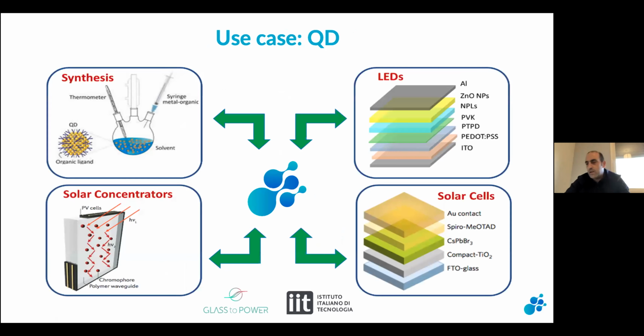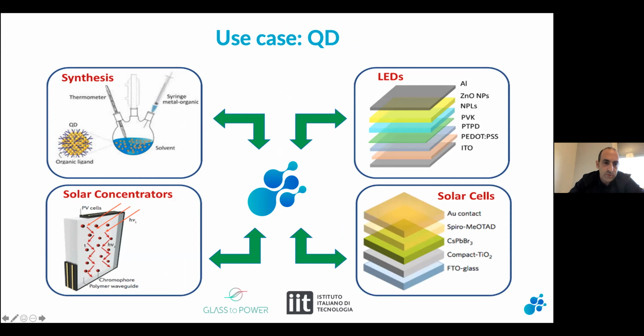So a few other use cases that are running today on the platform that I can disclose is this AI for QD project. This is a collaboration with an Italian startup called Glass to Power and the Italian Institute of Technology. So the story here is basically a synthesis of quantum dots and sol-gel routes, and then checking its application in various functions.